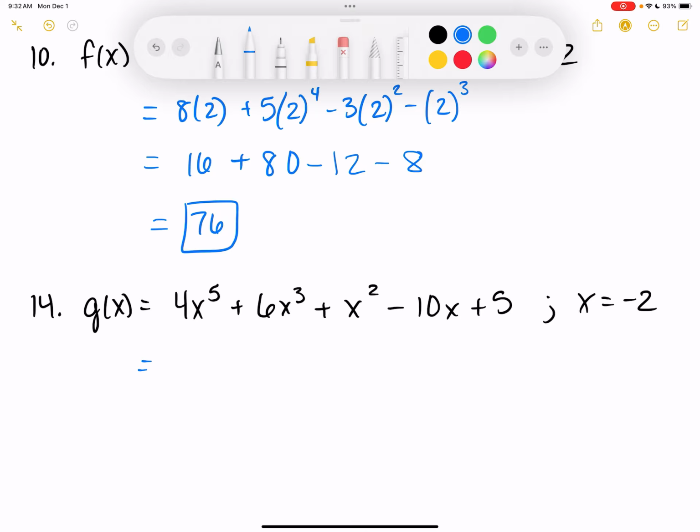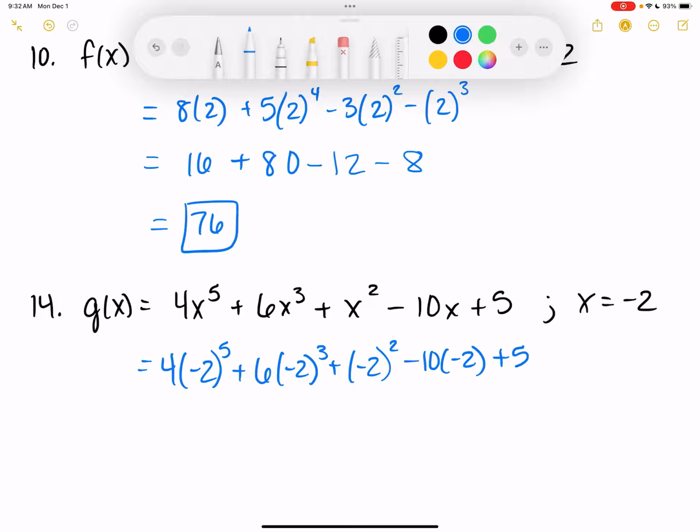All right, so 4 times negative 2 to the fifth, and I've got to make sure I watch those signs on the power so that I know if it's supposed to be positive or negative, plus 6 times negative 2 cubed, plus negative 2 squared, minus 10 times negative 2, plus 5. Negative 2 to the fifth is what?